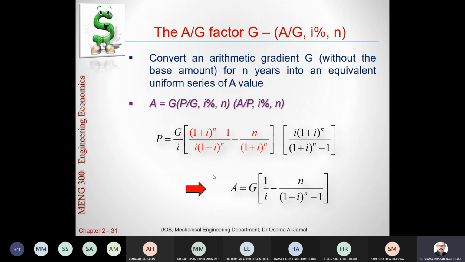Now to find the formula for it: A will equal G times the factor for A given G, which is what we have inside here. We asked you to find the value for it: 1 divided by i minus n divided by (1 plus i) to the power n minus 1.